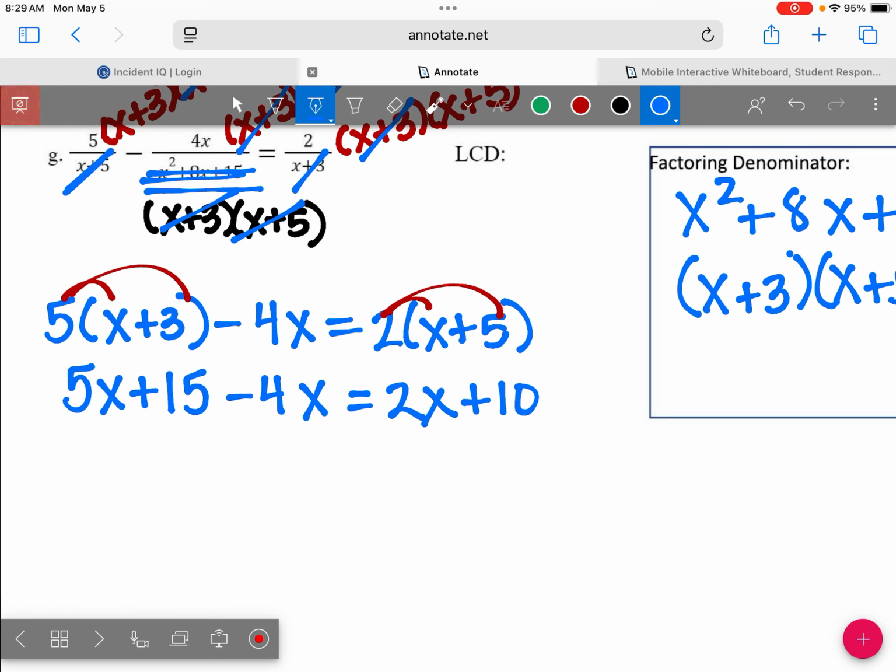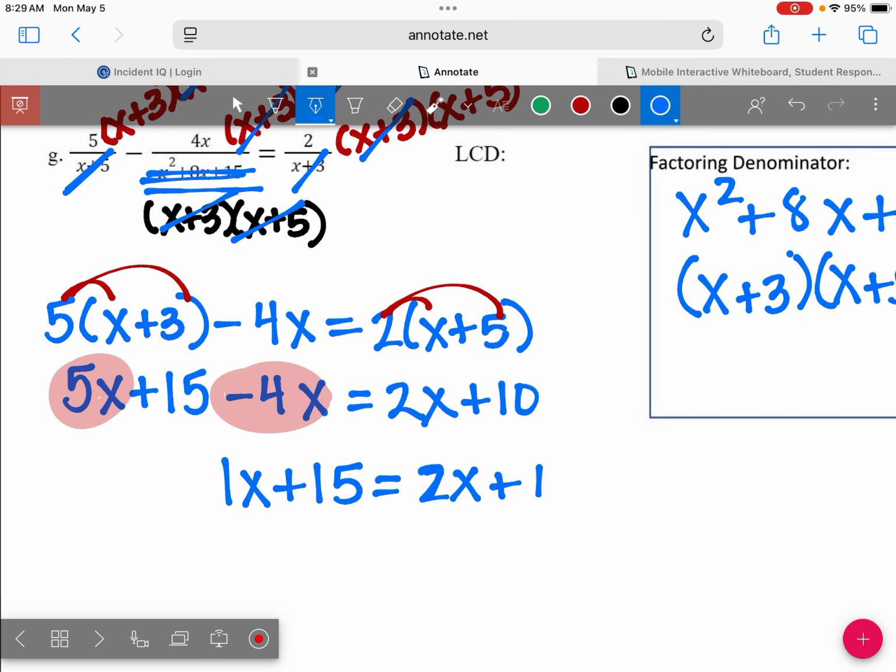So you can go ahead and see what I got. So I have 5x plus 15 minus 4x equals 2x plus 10. So on the left, we only have these like terms. 5 minus 4, which is 1. So 1x plus 5 equals 2x plus 10.